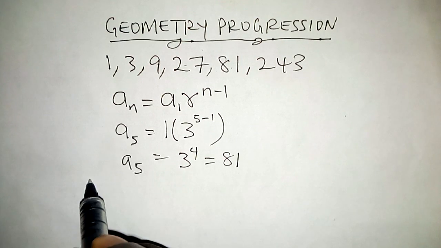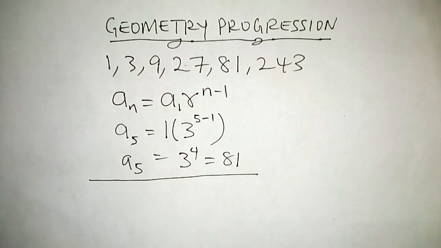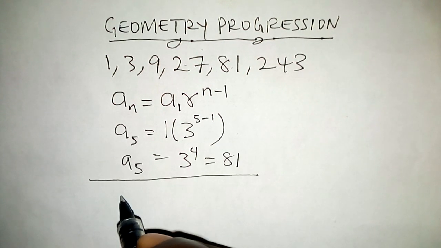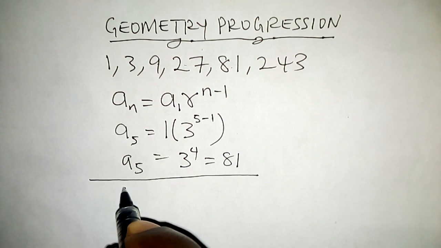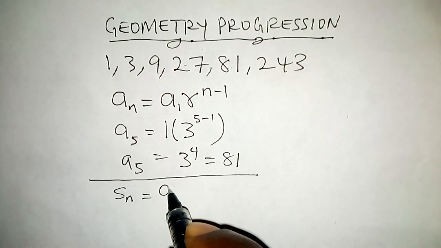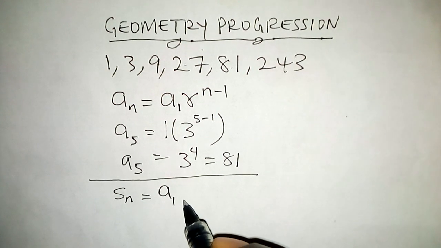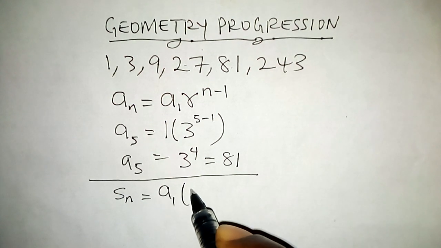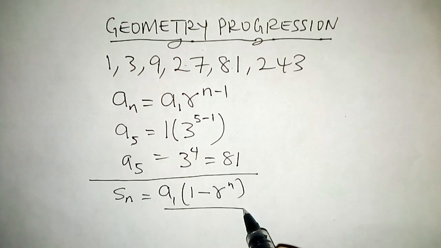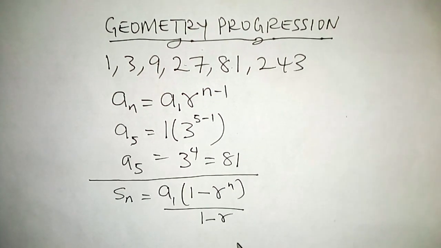When we want to look for the sum, there's a formula that is generally accepted. S sub n equals a sub 1, which is the first term, in bracket 1 minus r, which is the ratio, raised to the power of n, all over 1 minus r.